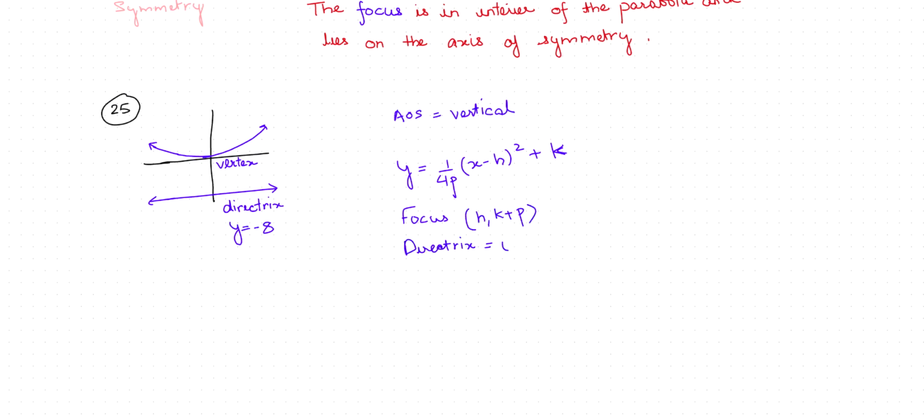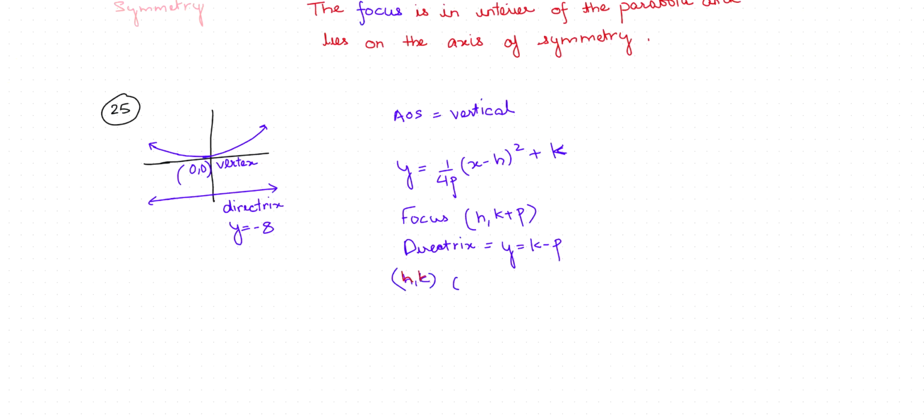Okay, so we have to find the equation for this parabola here, where the vertex we can see is 0, 0 in this case. Now, because h and k here are 0, 0, the origin is 0, 0.